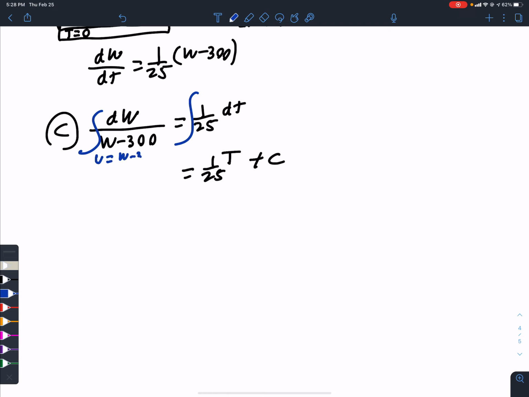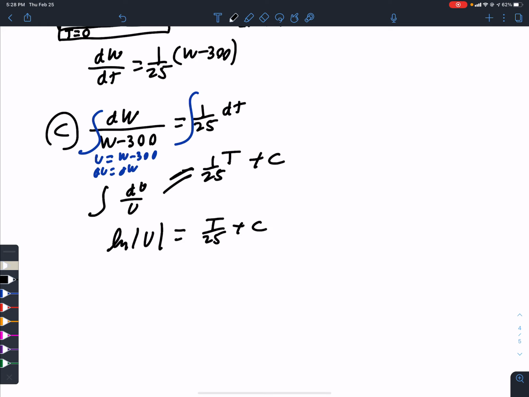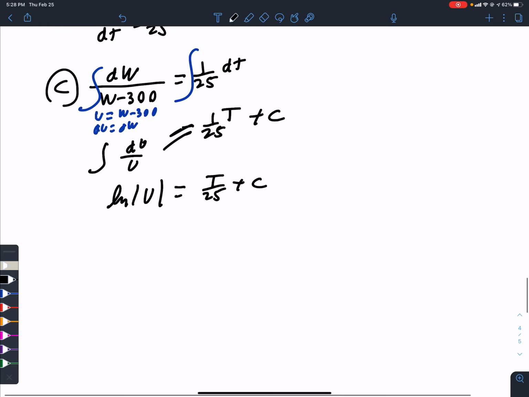U is the denominator. Du is dw. So this becomes, quite simply, du over u, and that becomes ln absolute u equals, I'll put t over 25. Now I replace u with w minus 300.